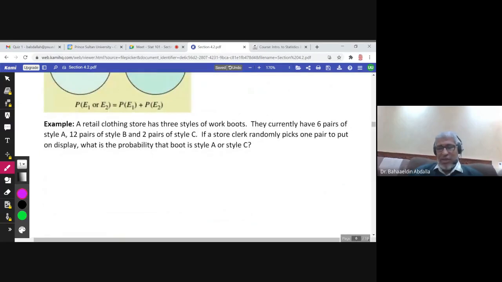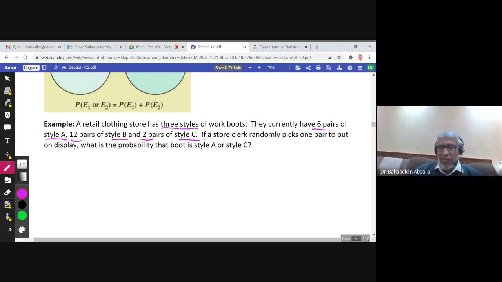Let us take an example. A retail clothing store has three styles of work boots. They currently have 6 pairs of style A. So we have three styles: style A, style B, and style C. From style A, we have 6 pairs. From style B, we have 12 pairs. From style C, we have 2 pairs.